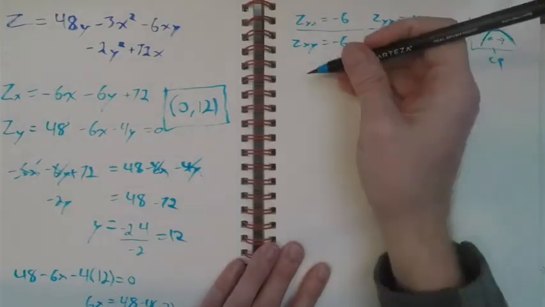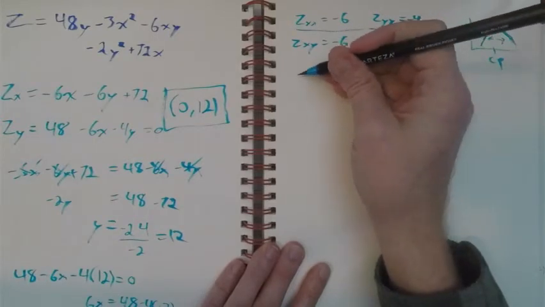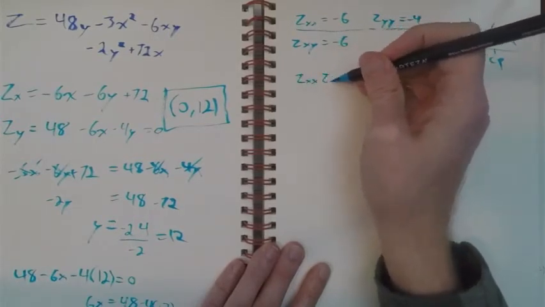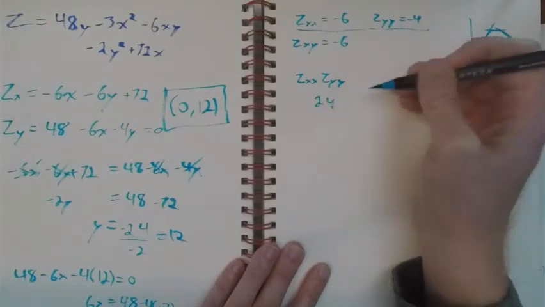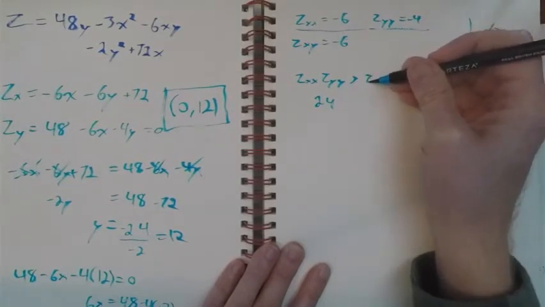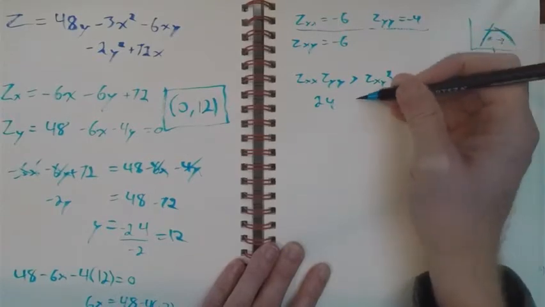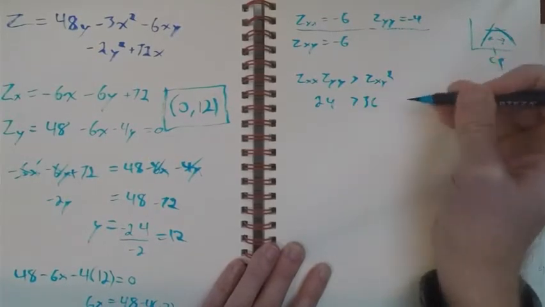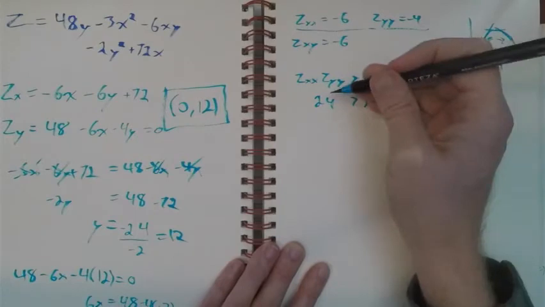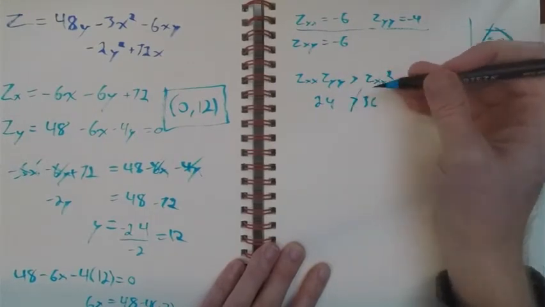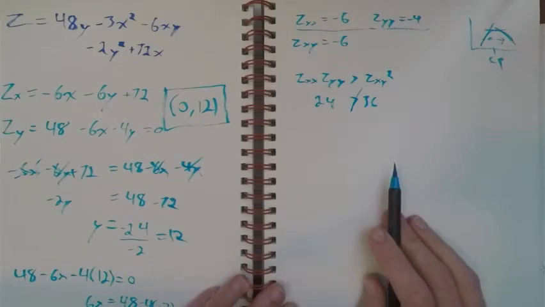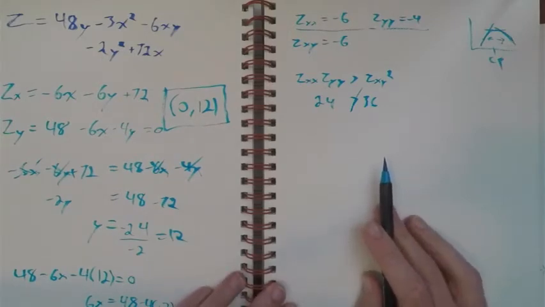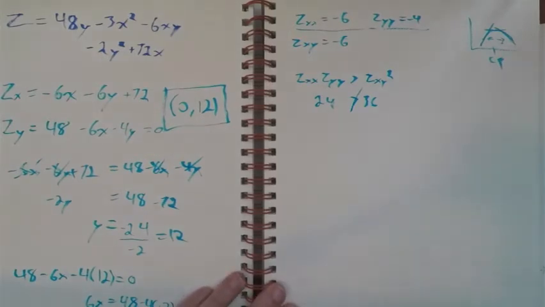Now we've got to check that final condition, which is zxx times zyy, which is, what, 24, has to be greater than zxy squared, which it is not, right? 24 is not greater than 36, which means we've got something funny going on in the cross partial derivative. What does that tell us?